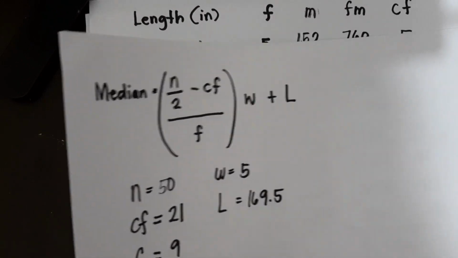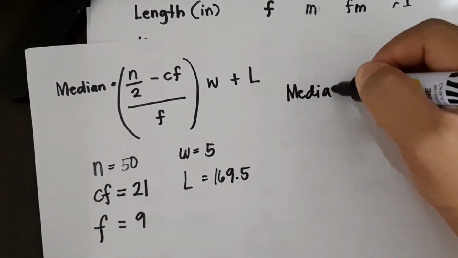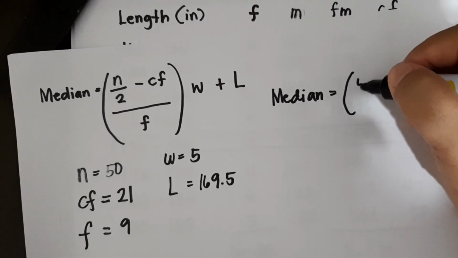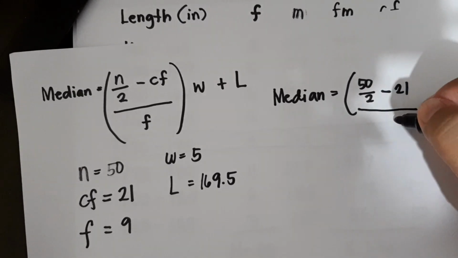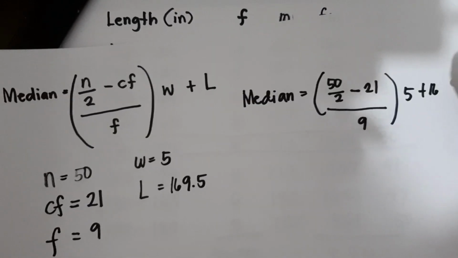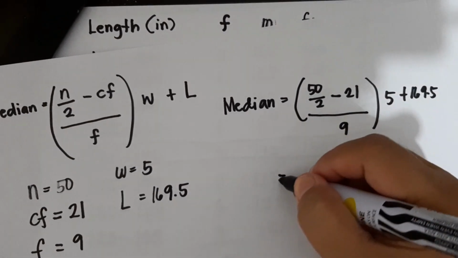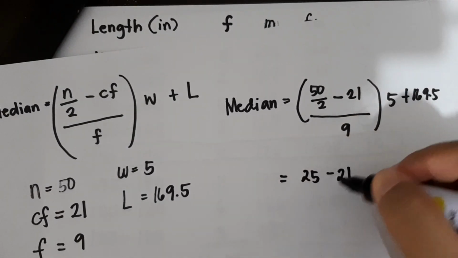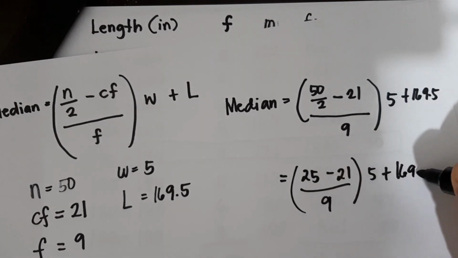So, lagay na natin yung mga values. We have median is equal to 50 over 2 minus CF 21 all over 9 times 5 plus 169.5. Okay? Then next, let's divide 50 by 2, that is 25 minus 21 all over 9 times 5 plus 169.5.